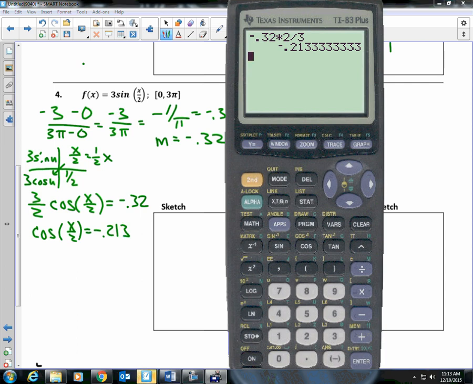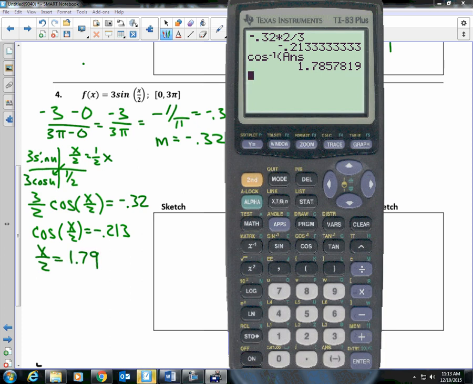How do I get rid of the cosine? Multiply by the reciprocal to get rid of the 3/2. Yes. How do I get rid of the cosine? So I cosine inverse the answer. Make sure you're in radians. We get 1.79, we'll call it. So x over 2 is equal to 1.79.